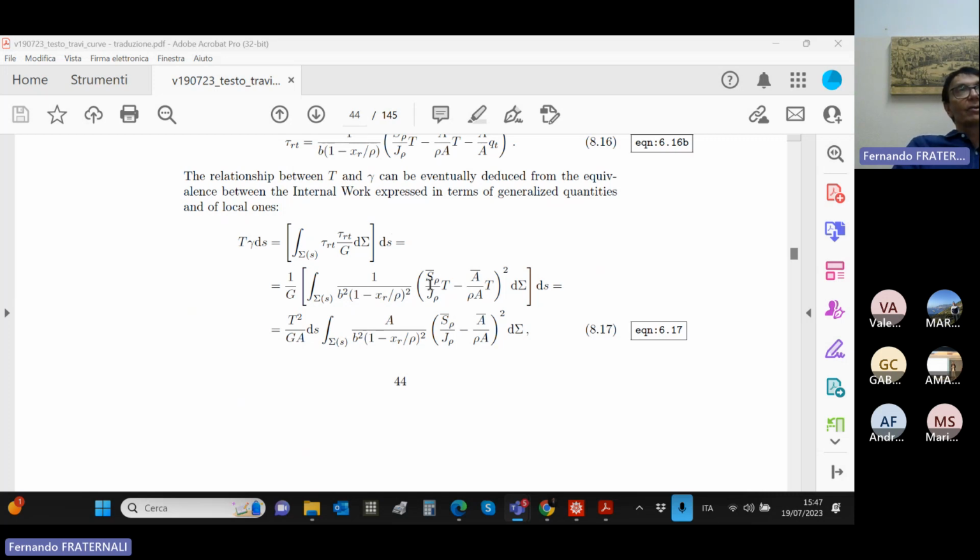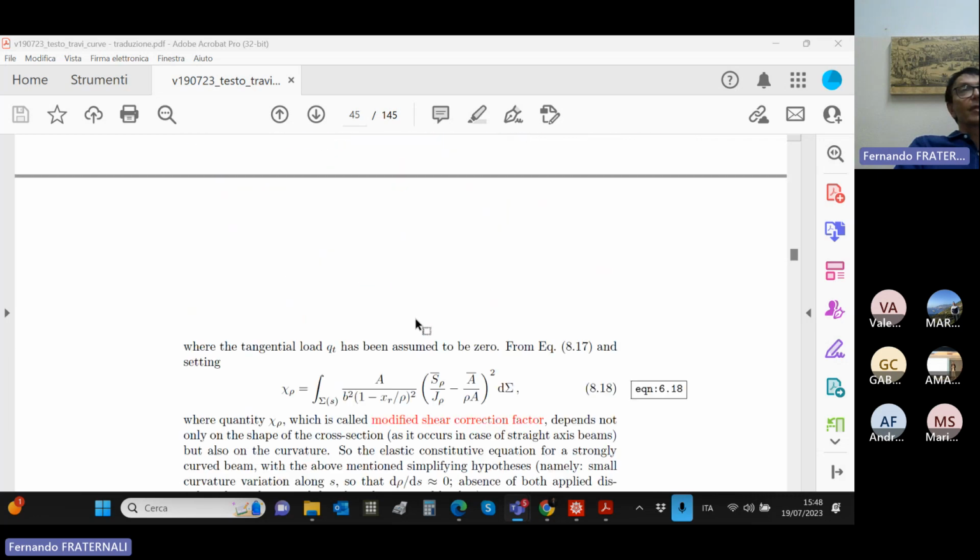We carry out the integral, replacing this tau RT here, and we obtain tau gamma ds equal to tau squared over J ds times a constant.